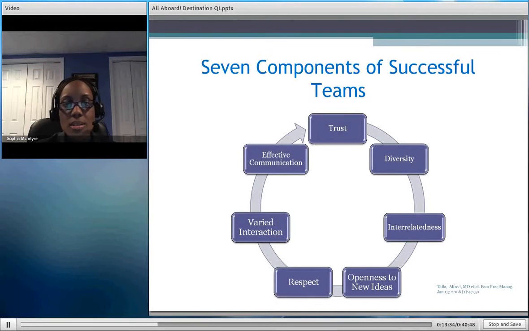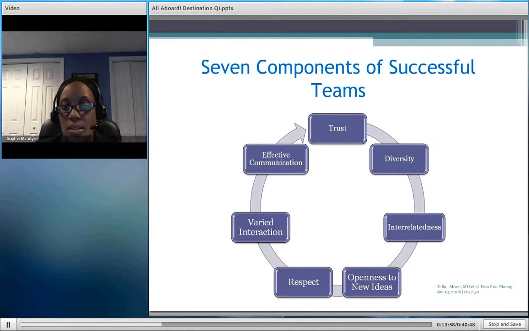Seven components of a successful team are, I think, crucial when you're looking at quality improvement. Because if you're really taking on a quality improvement project, there have to be some ground rules for team members and some important factors to look at. Trust is a very important component in this process.